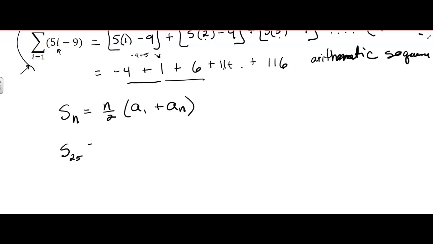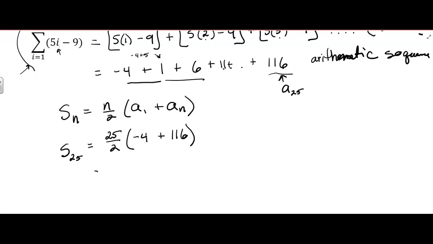So S sub 25, we're finding the sum of the first 25 terms. It's going to be 25 over 2. Okay, don't worry about that too much. And then a sub 1 is negative 4 plus 116. Because we figured out the last term, right? Okay, so that was our a sub n, a sub 25 right there.